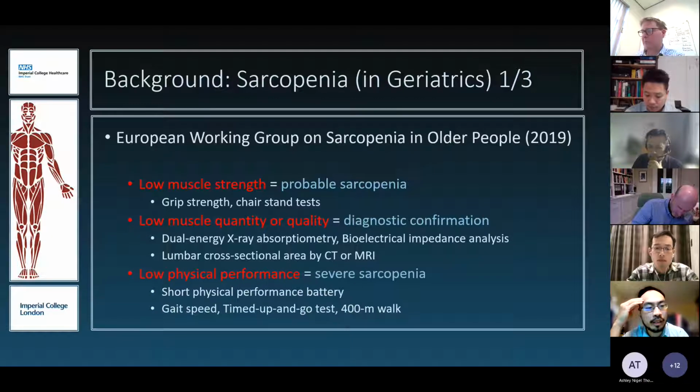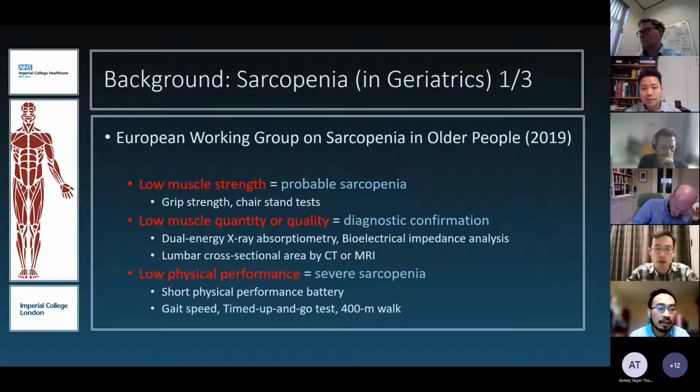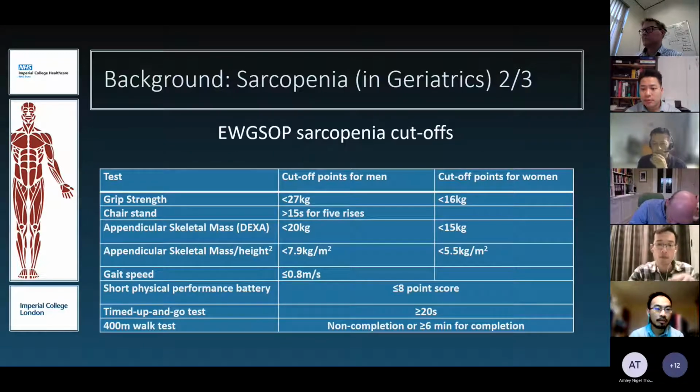They do go on to mention cross-sectional imaging, including CT and MRI, but this is less explored in this population, and unlike DEXA and BIA, they don't have definitive cutoff points. Severity of sarcopenia is then indicated by the ability to perform other specific physical battery tests and gait speed, etc.